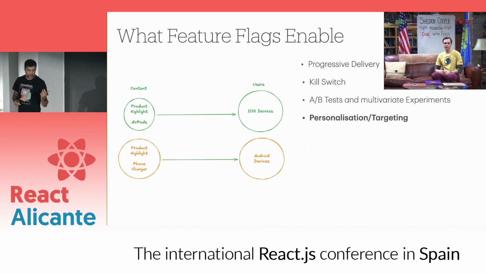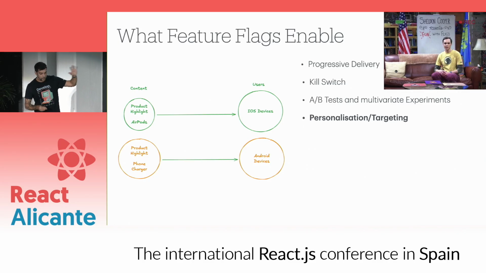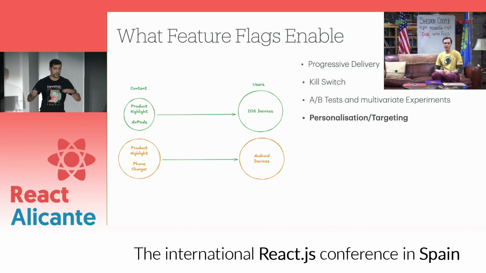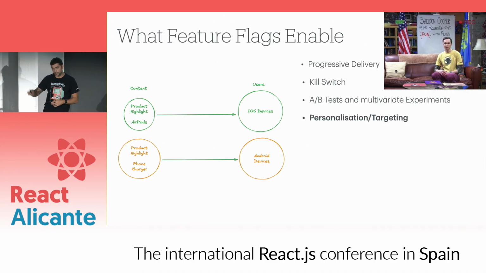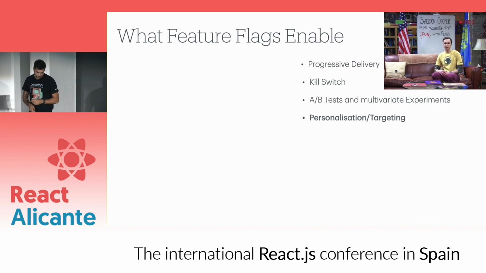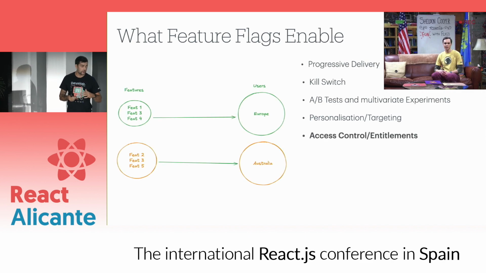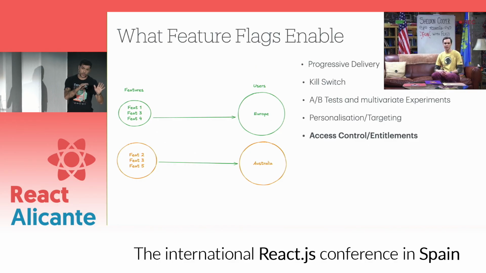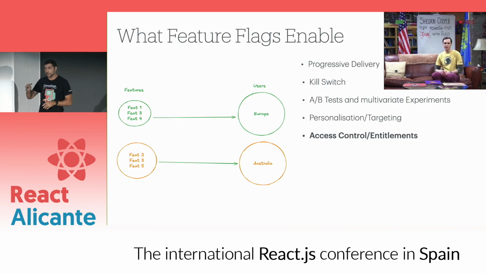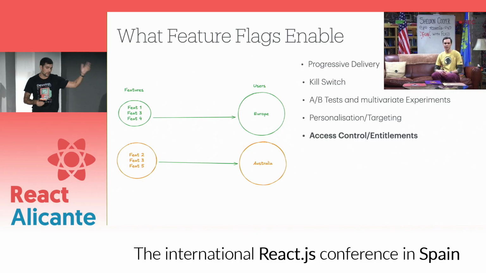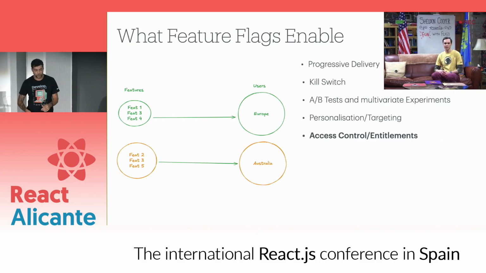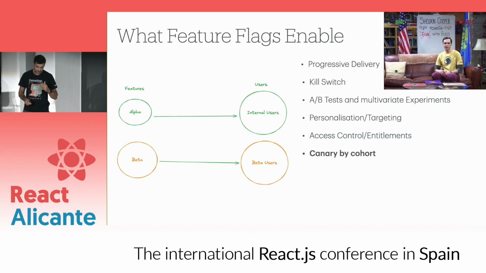Personalization, targeting, meaning that you can serve different content according to the device or the region. In this case, you can serve something for iOS, something for Android. Access control, entitlements, this means that you can have a set of features or variations of the same feature for users in Europe or users in Australia, and they see a different set of features.